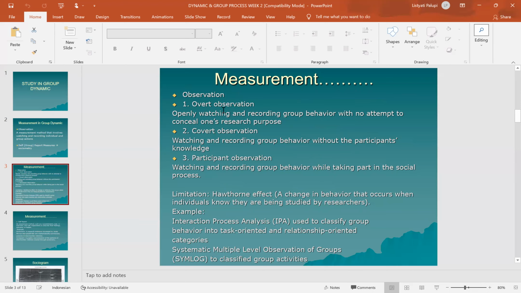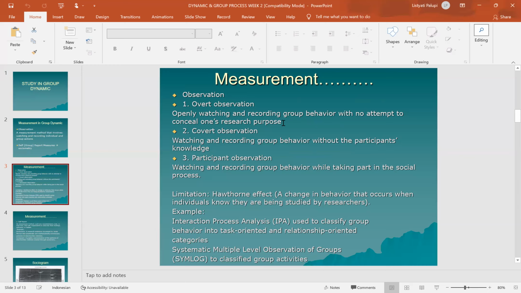Overt observation means that the researcher is openly watching and recording group behavior with no attempt to conceal the research purpose. So the researcher is observing the processes that happen in a group and the behavior of the group members, but with no attempt to conceal the purpose of the research.